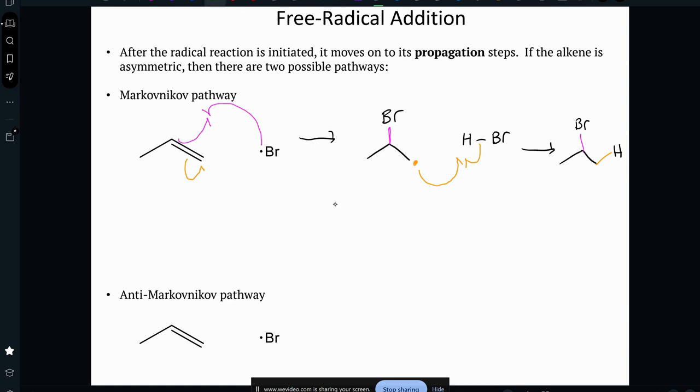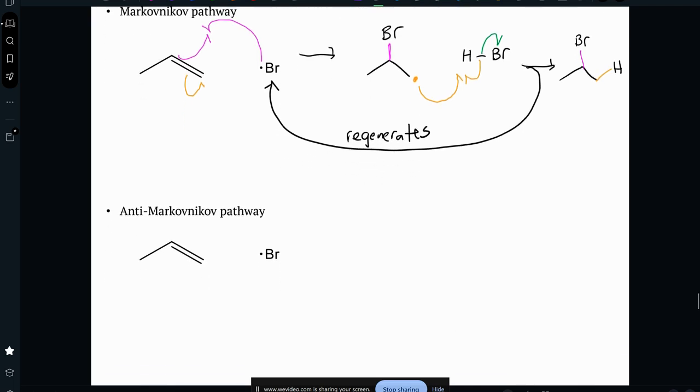But note, it also is going to regenerate a bromine radical. So it regenerates. This is why it's called propagation, because this can just keep going on until we start to run low on HBr. So that would be the Markovnikov pathway.